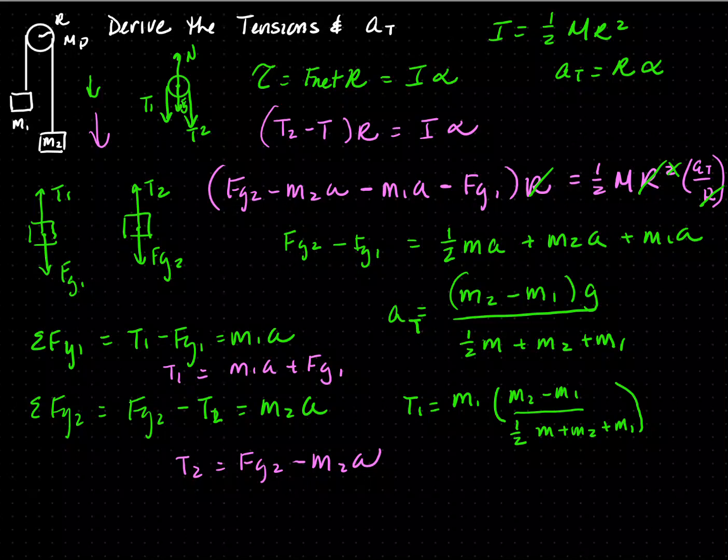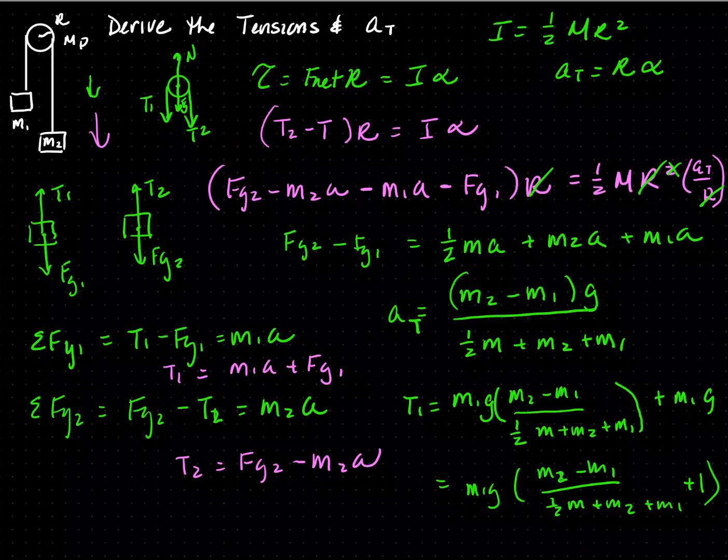This is going to be plus m1g. There's a g here, so technically I could factor one out. So this will be m1g times m2 minus m1 over 1/2 m plus m2 plus m1, plus 1.